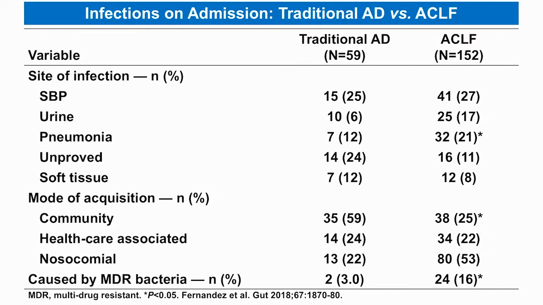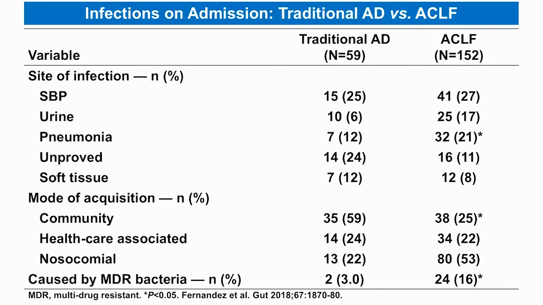So he looked at infection in traditional AD and in patients with ACLF. And as you can see, in patients with ACLF who were infected, lungs were the commonest site of infection, and of course, the most common mode of acquisition of the infection was nosocomial. 80% of patients with ACLF, in fact, had nosocomial infection.